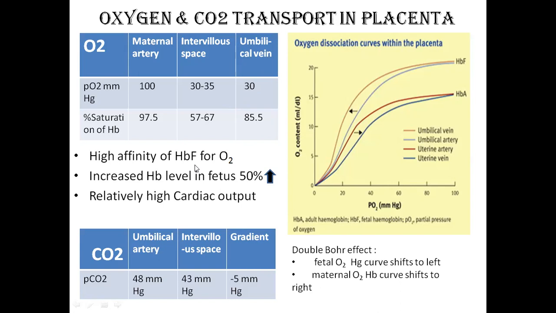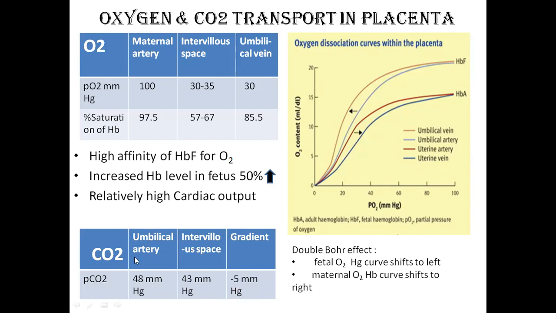So it is very important to know that this oxygen saturation is quite high in the umbilical vein and artery. And another important thing is the double Bohr effect. We'll come to this. Just have a look at the carbon dioxide exchange. In umbilical artery, the carbon dioxide is high because the artery is doing the function of a vein. So it is as high as 48 millimeter of mercury, and in intervillous space, it is 43 millimeter of mercury. So there is a gradient of 5 millimeter of mercury.